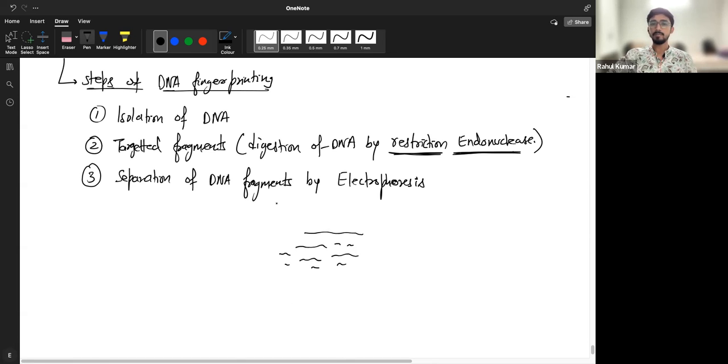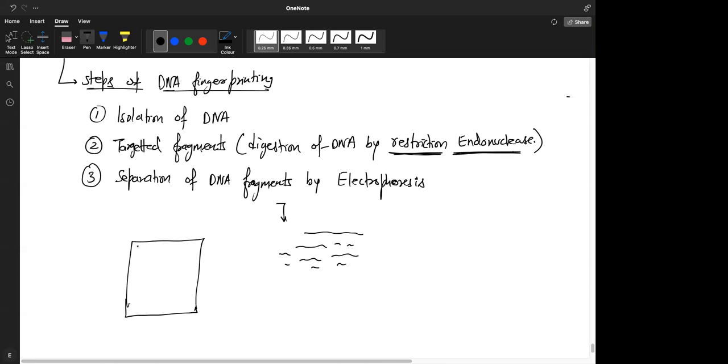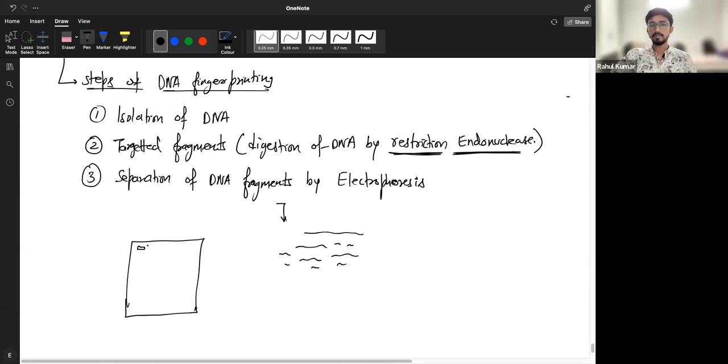Now what I do, I apply electric voltage. So these fragments, there will be a gel. Agarose gel, which has these wells, place where you can load the sample. And then from one side, now DNA is negatively charged.